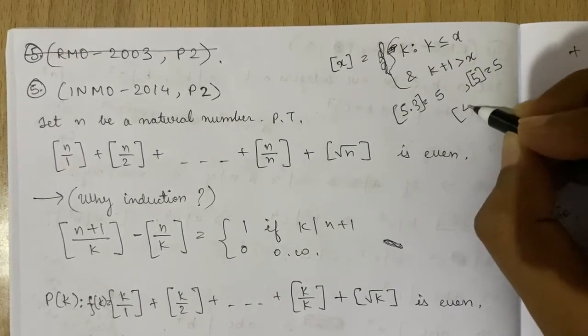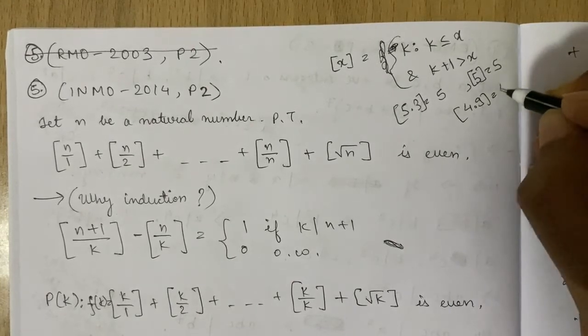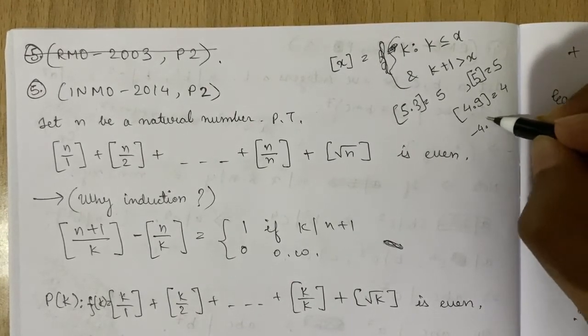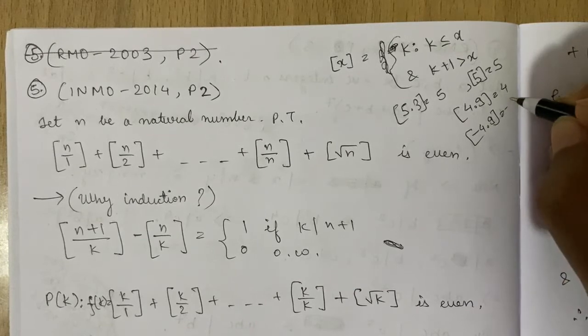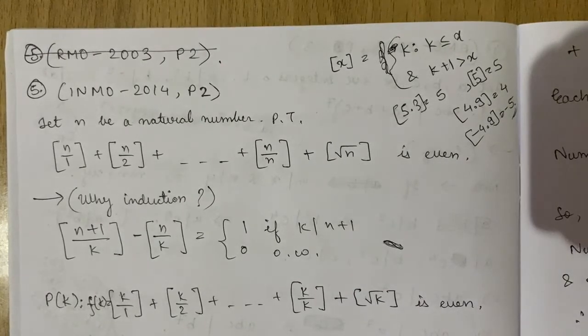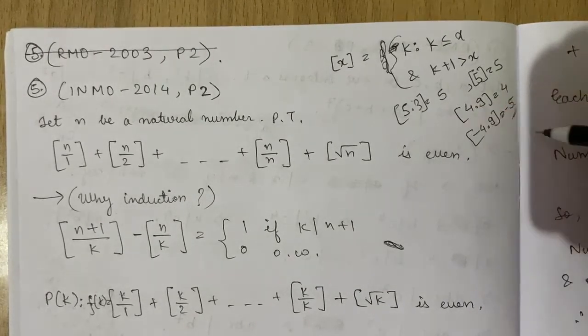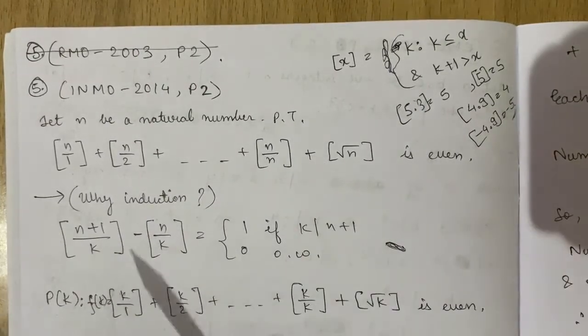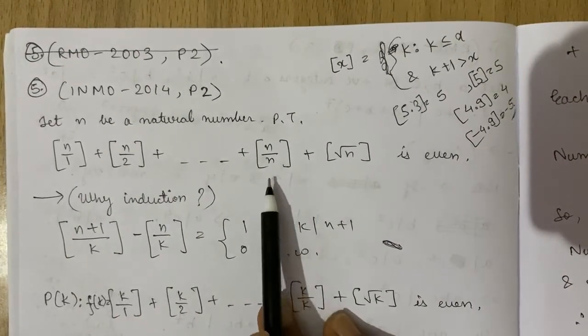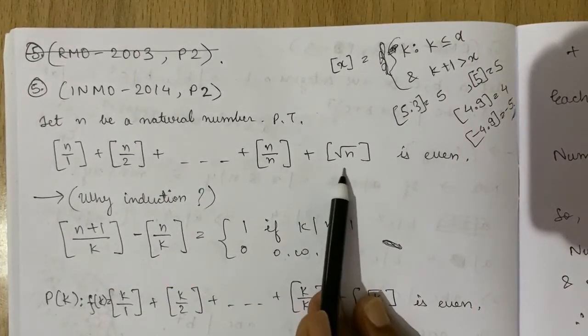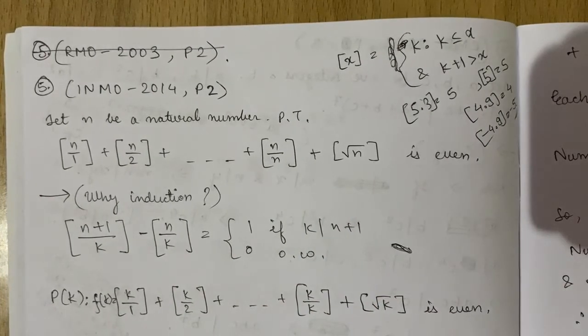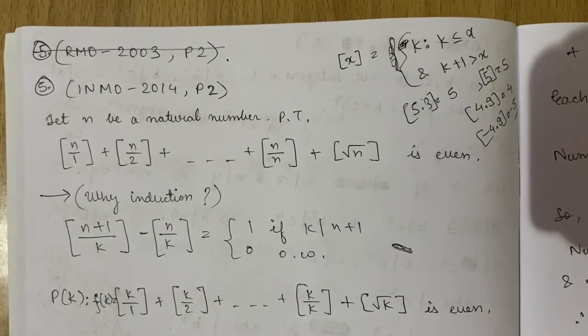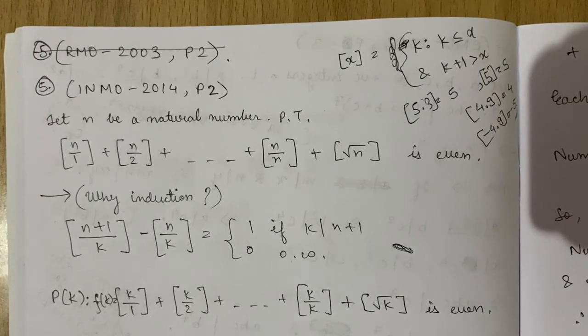The greatest integer of 4.9 is 4. The greatest integer of minus 4.9 is minus 5, and so on. So this is the greatest integer function, and I need to prove that this sum of greatest integers is even. I will also use induction in this problem.